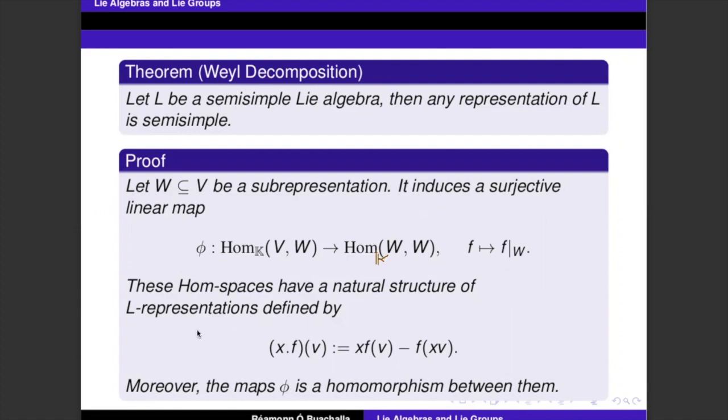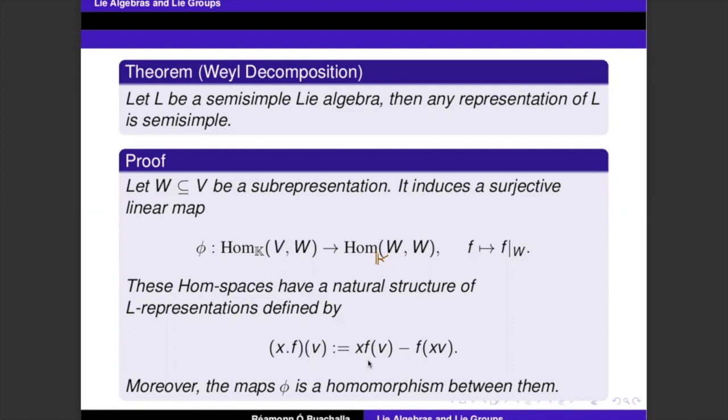How is that defined? It's defined by X dot F, this is our element. What does this symbol mean? Well, we give it a meaning by seeing how it acts on any element of V.